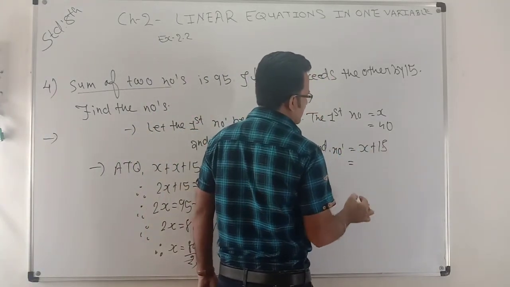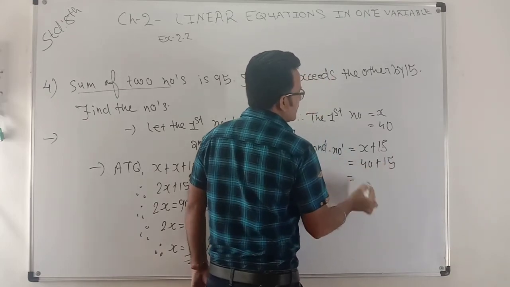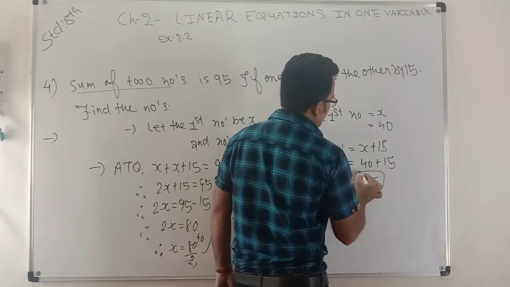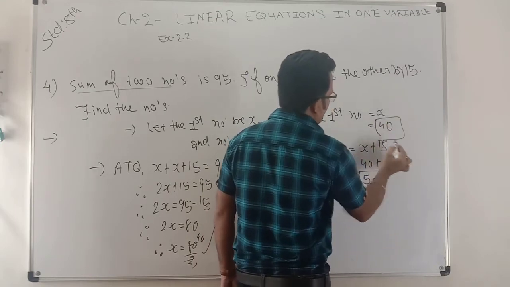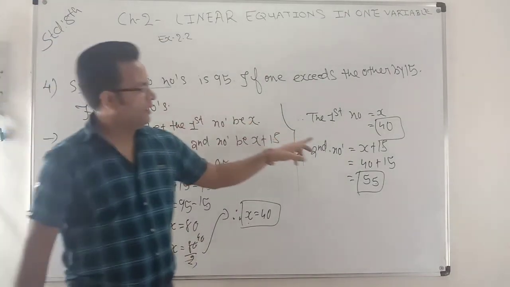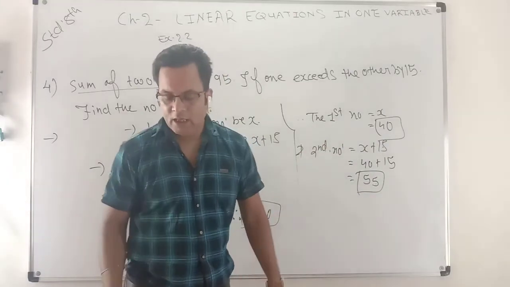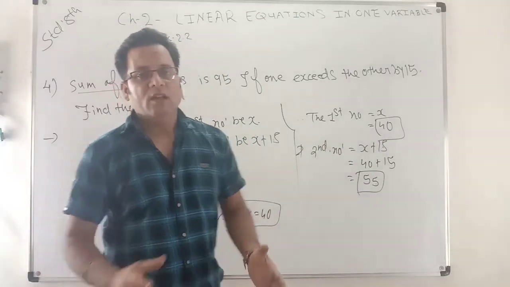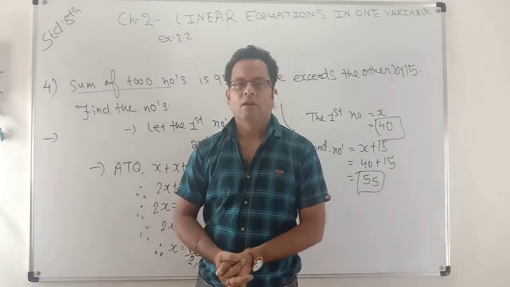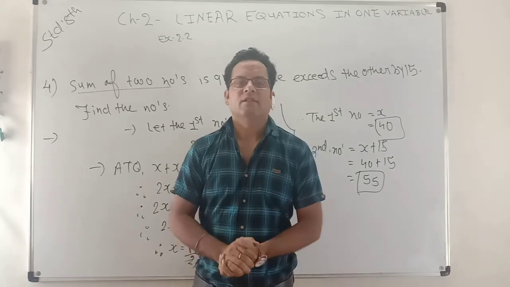Put the value of x, 40 plus 15, 55. So these are the required numbers. And you can see that sum of the two numbers is 95. So if we add 55 plus 40, it will be 95. So this is about the sum number 4. Remember, understanding the question is a must here.